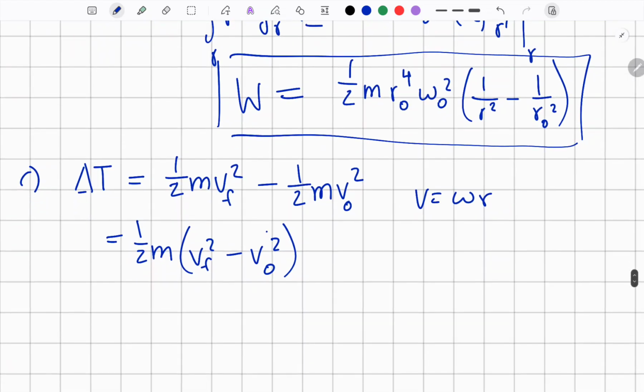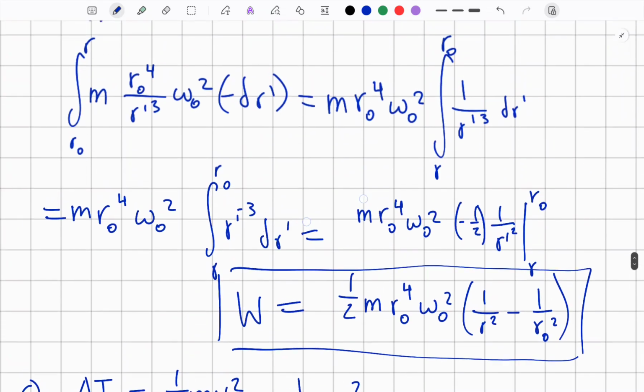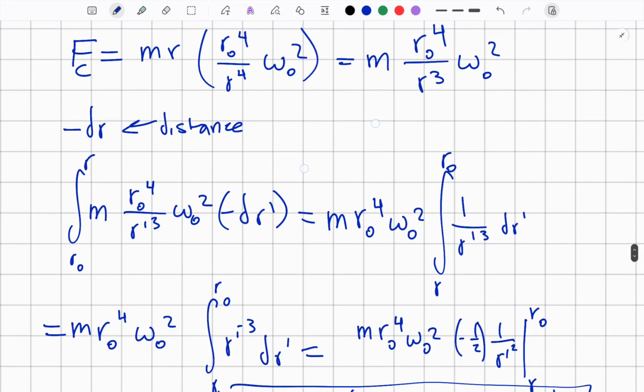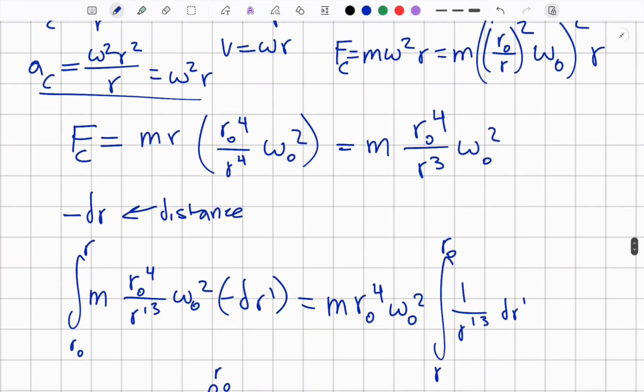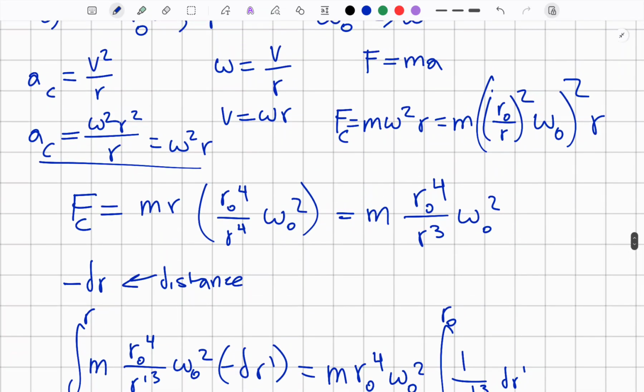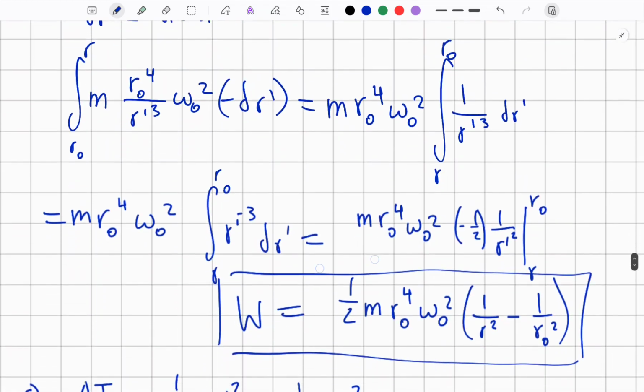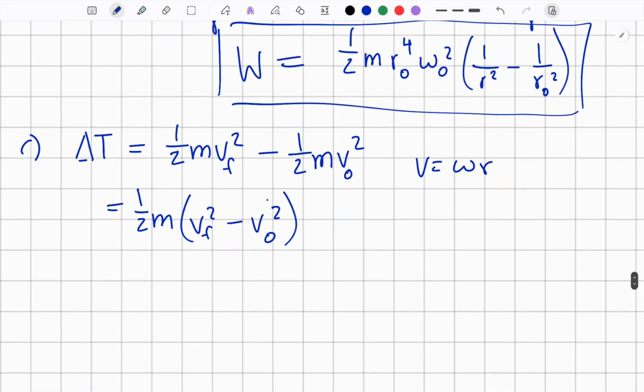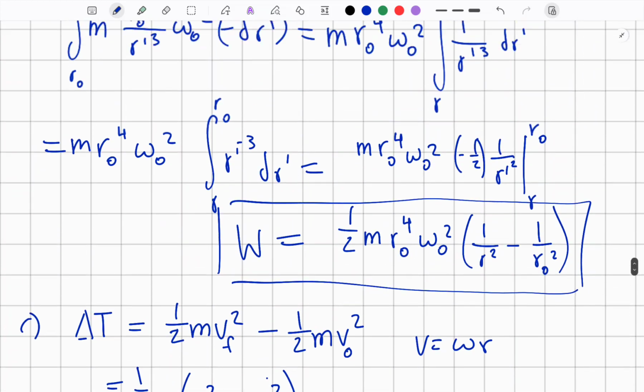So from here, this expression, we're going to use v is omega r, and we are going to calculate our initial and final kinetic energy to calculate the change in kinetic energy.